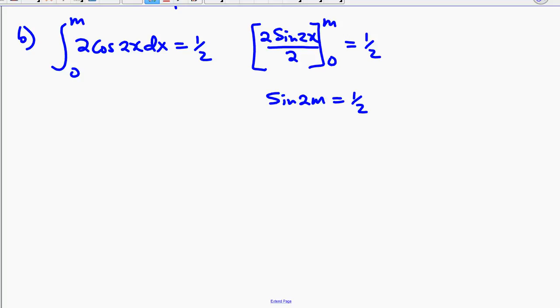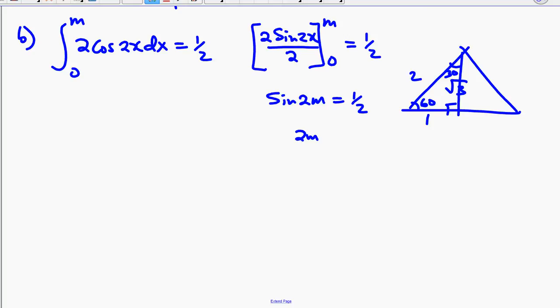Well, if you use the special triangle, sure you can remember this. 1, 2 from trigonometry. This is 60, that is 30, which is pi over 6. So basically, we can see that sine 30 is a half. So 2m is pi over 6, which is 30 degrees. And therefore that means m is pi over 12.